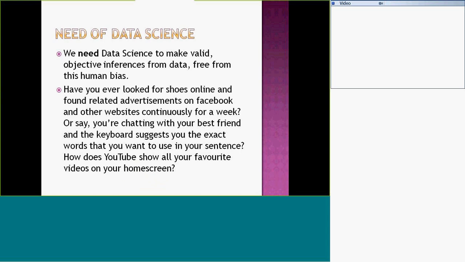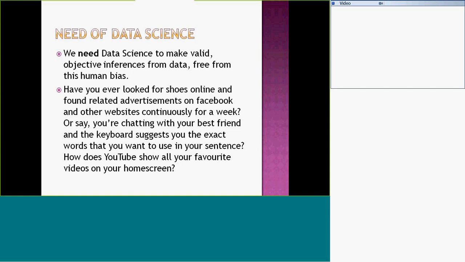So, guys, why is there a need for a data scientist? In today's era we have a large amount of data in the field. In e-commerce, many customers are buying products on a daily basis. They are generating a lot of data and a lot of transactions, so we need to analyze that data.